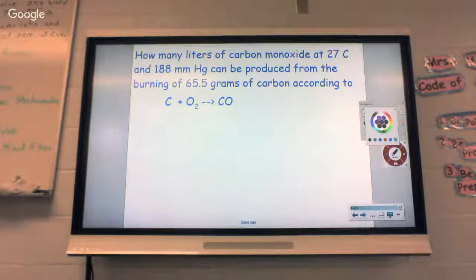Bill? Yeah, the top half, so the top half is what you want to do.